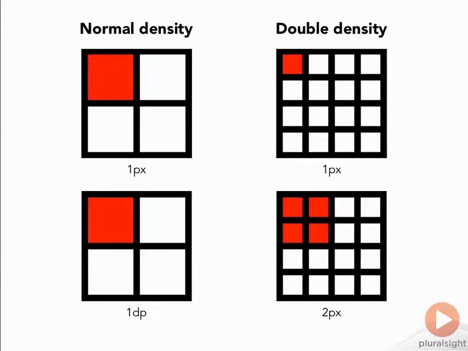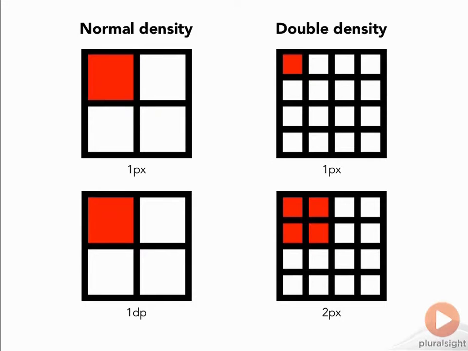If we told our app to take 1 px for our view, it maps directly to a physical pixel. So for a normal density device, it will take a larger area than a double density device. This is not what we want because it will shrink our view without us wanting it to.